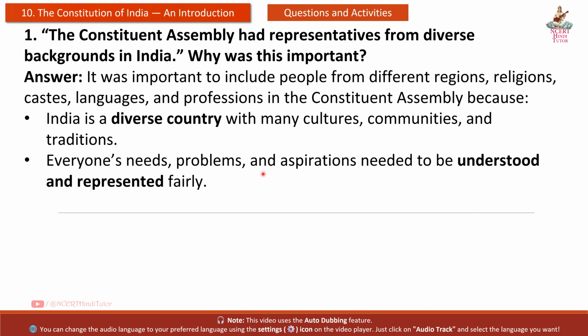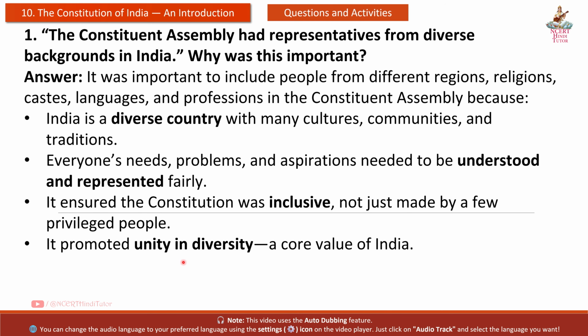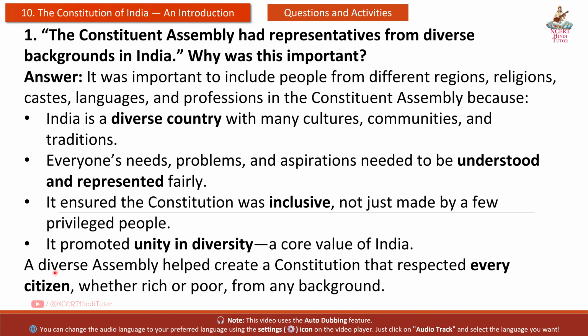Everyone's needs, problems, and aspirations needed to be understood and represented fairly. It ensured the Constitution was inclusive, not just made by a few privileged people. It promoted unity in diversity, a core value of India. A diverse assembly helped create a constitution that respected every citizen, whether rich or poor, from any background.